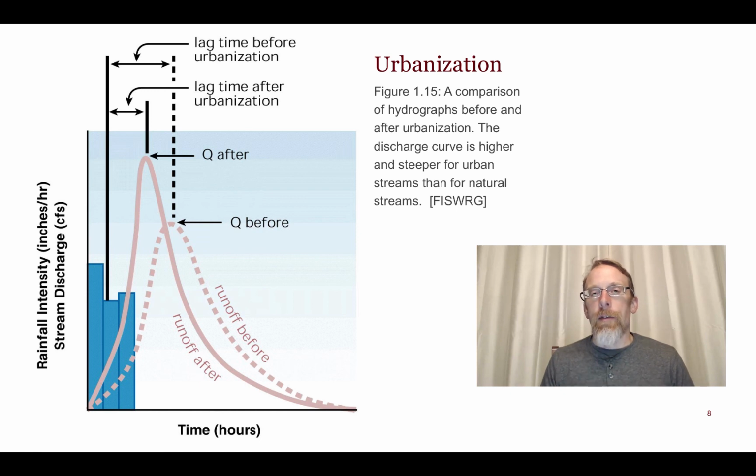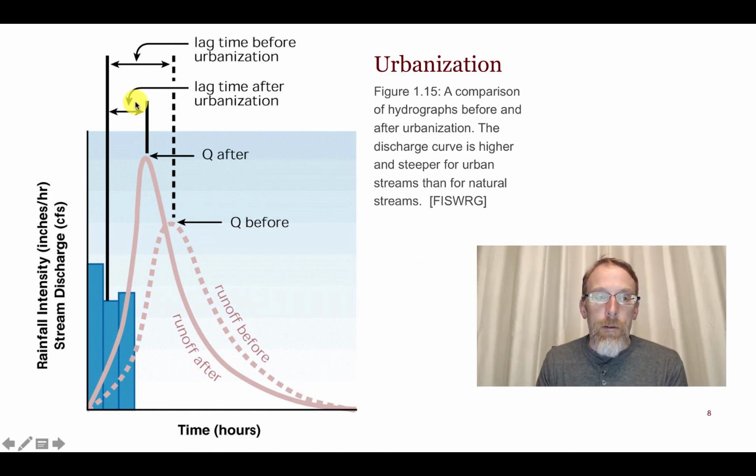So there's not a lot of effort to capture that water in between and hold it for a while. And so it all gets into the stream at once. You get a big flood, the flood passes and it's over. But that short duration flood is really high magnitude and can cause a lot of damage.